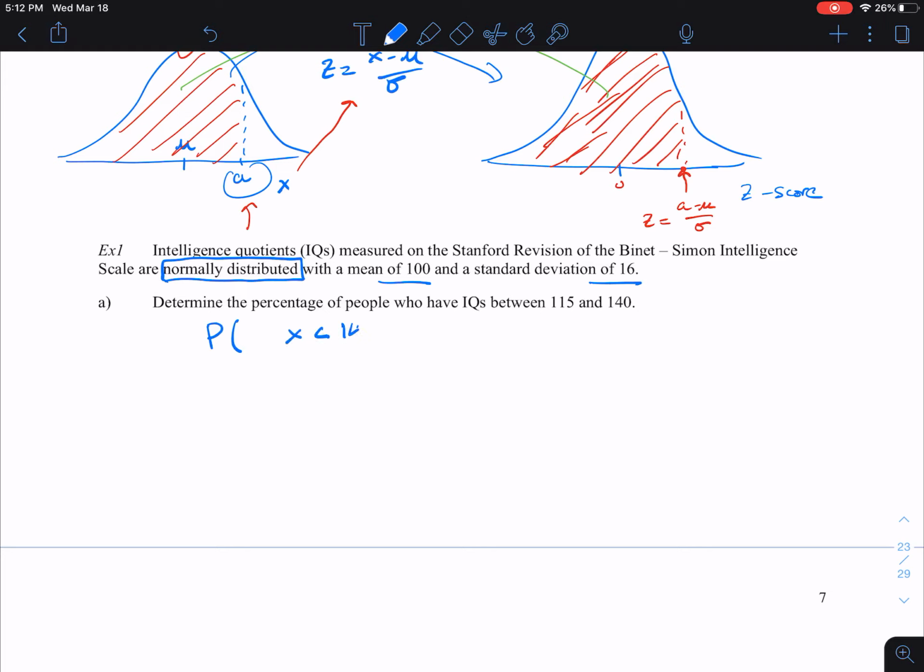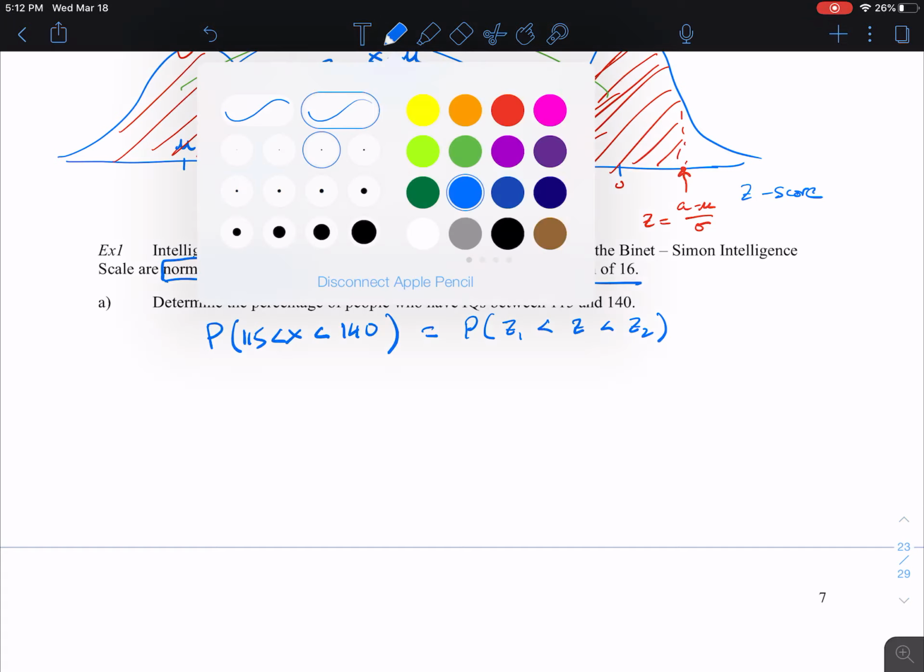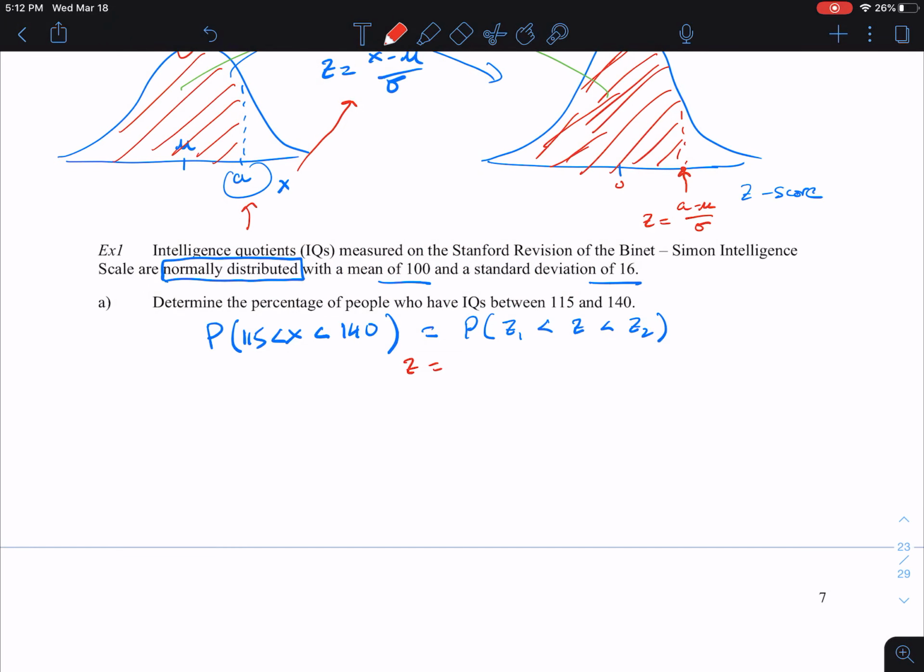We want to find the probability that a random adult has an IQ score greater than 115 and less than 140. To do that, we're going to convert each of these scores to a z sub 1 and a z sub 2 using this formula, z equals x minus mu over sigma.